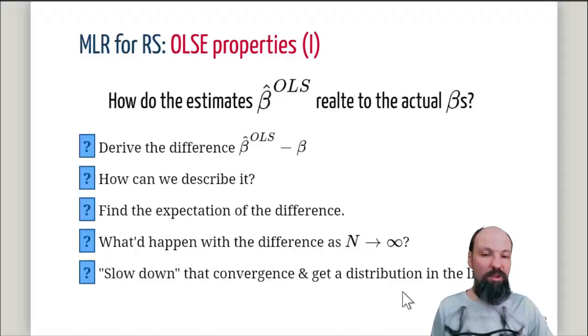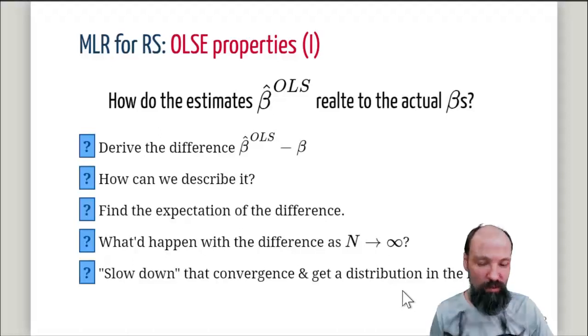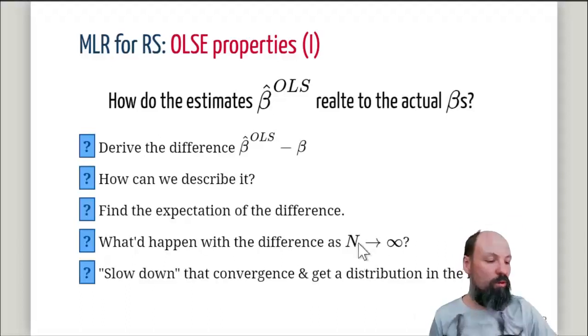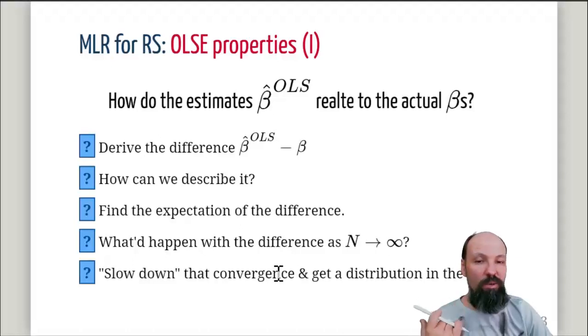When there is the assumption of normality of the error term, which I said is missing on purpose, you get this without any convergence, without the necessity to apply the central limit theorem, the CLT. When you don't have that assumption, you still get the asymptotic normality. So when the sample size is huge, the distribution of this difference multiplied by something is approximately normal. This is what we get.